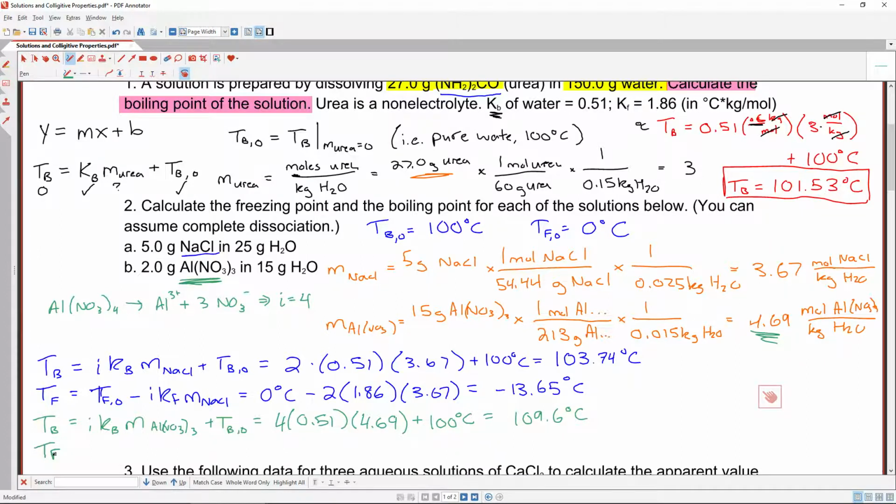Right, likewise, our freezing point is the original freezing point minus our freezing point depression. So that's equal to 0 degrees Celsius minus 4 times Kf, which is still the same, and our molality is still the same, 4.69.